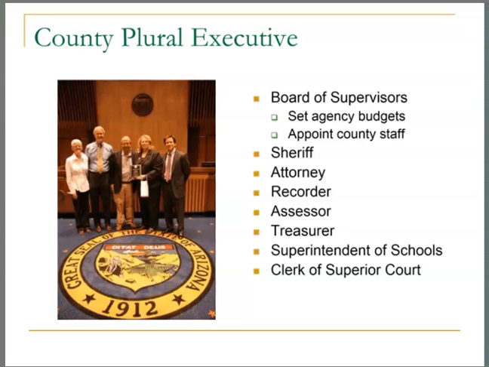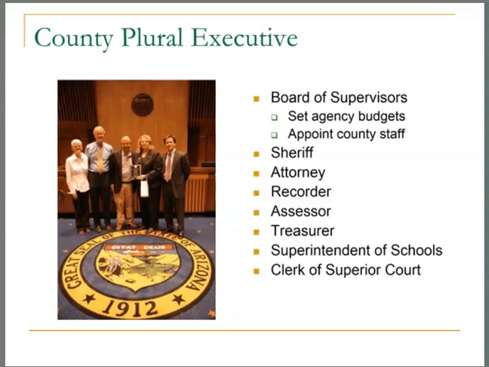Now, similar to the state executive branch, the counties operate under a system of plural executive power, meaning there are multiple entities that are independently elected, and so they can operate independent of each other and often at cross purposes. The counties are administered by a board of supervisors who are elected officials.